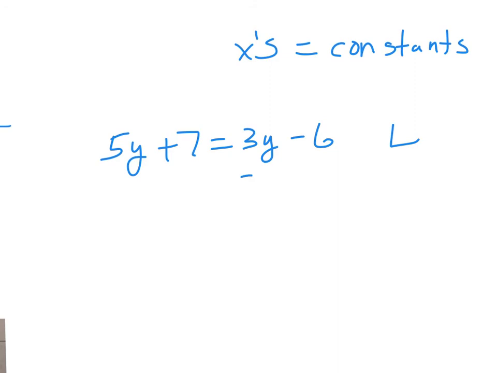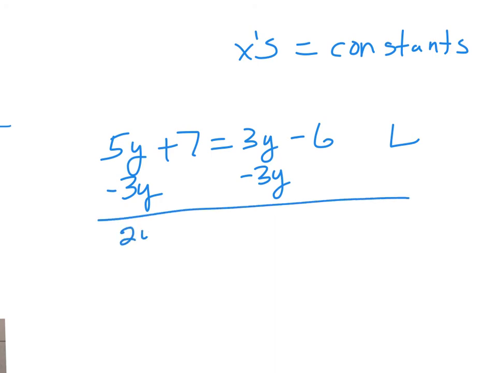Yeah, let's move the 3y over to get the y's together. So I have 2y plus 7 equal to, and they'll cancel there and get negative 6. So now my y's are on the left. So that means the constants have got to go to the right. So my next move would be subtract 7.